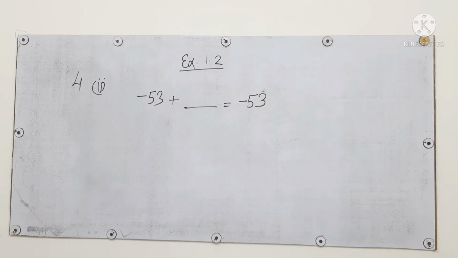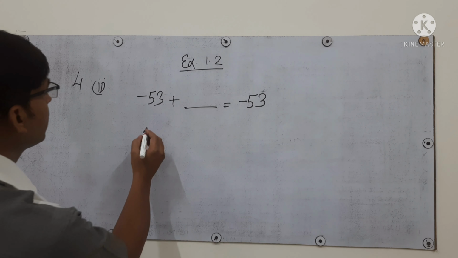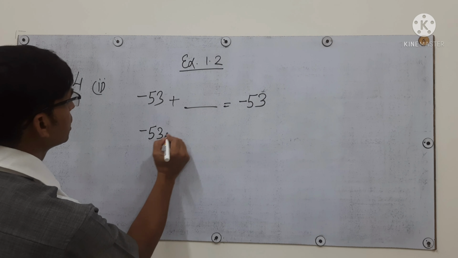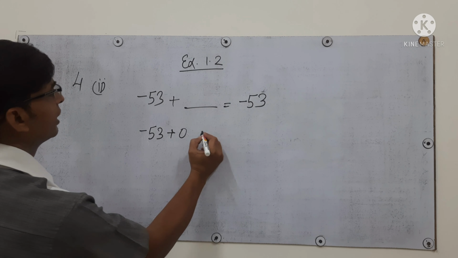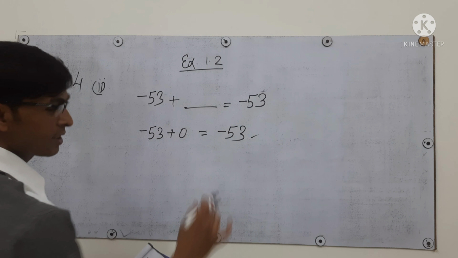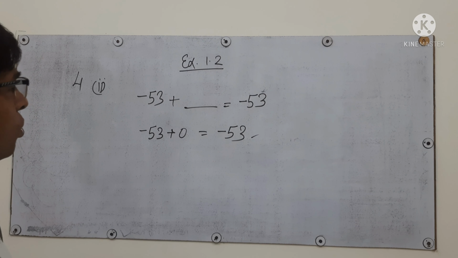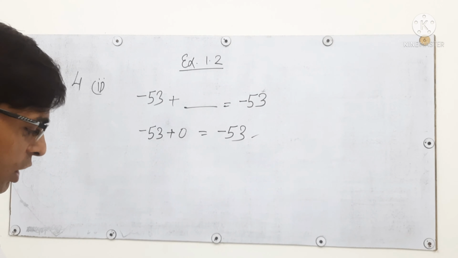It is just the additive property of integers, that whenever we add 0 to any number, it gives the same number. So we will add minus 53 plus 0, then it will be minus 53. So you can see how easy these questions are. You can note it down also, or you can do it on your own.